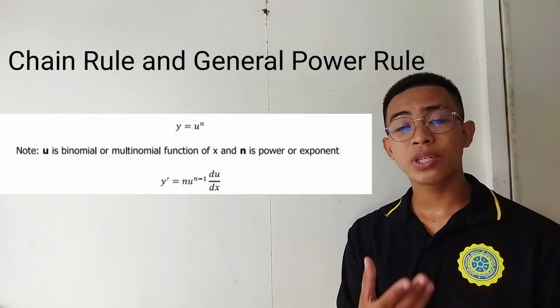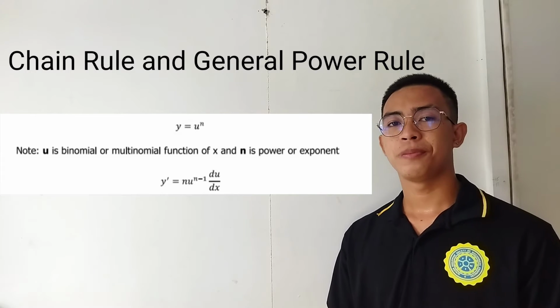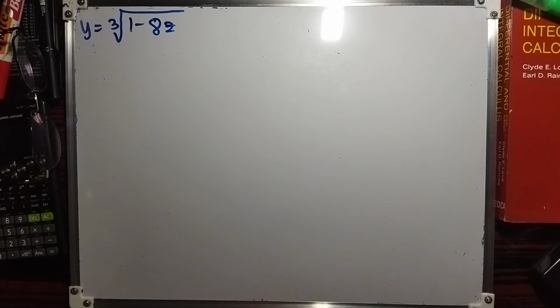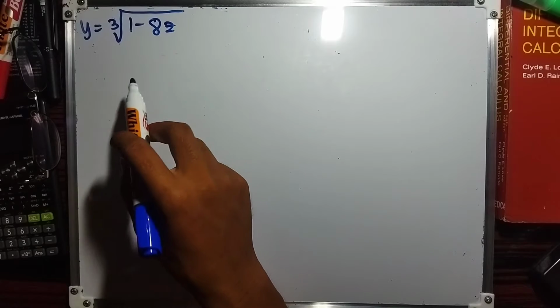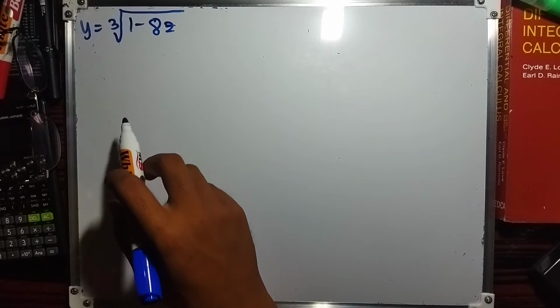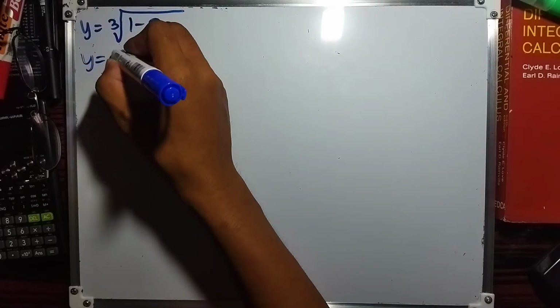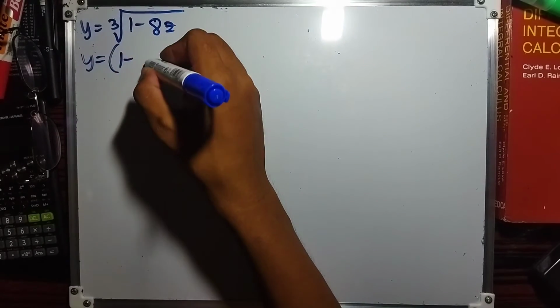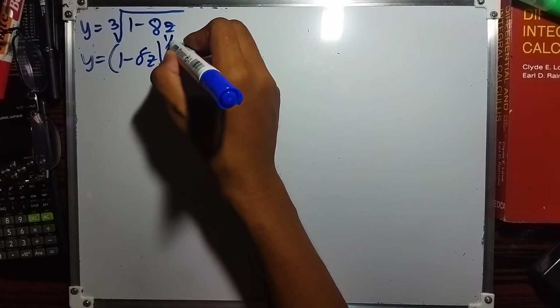So for you to understand what the chain rule is, here is its example. Y is equal to the cube root of 1 minus 8z. First we'll be transforming the equation into another form. So it would become y is equal to the quantity 1 minus 8z to the power of 1/3.